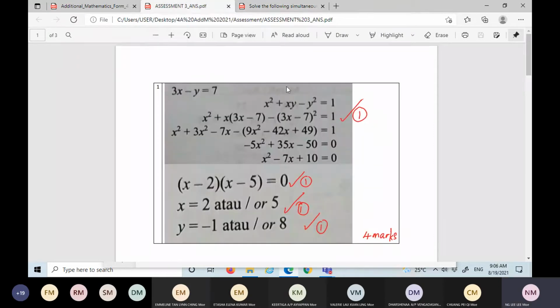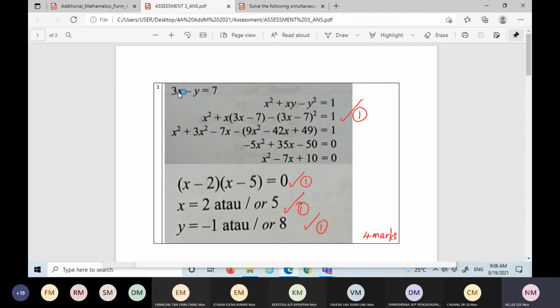Okay, so first of all, you write y as subject, y in terms of x. So you replace the y here. You can also write x as subject, but it will make the equation more complicated.